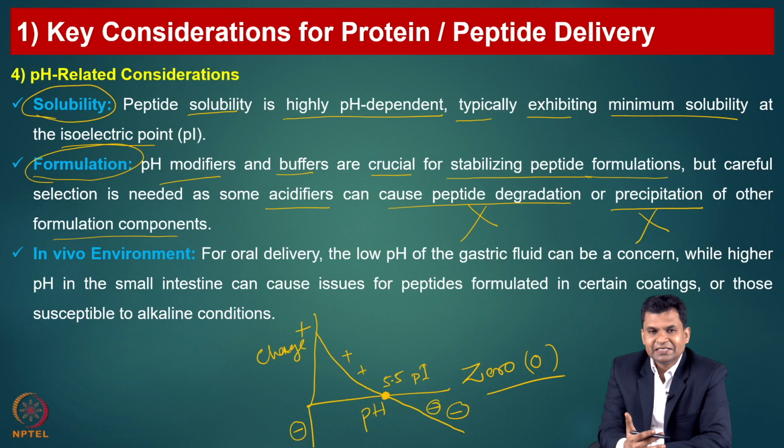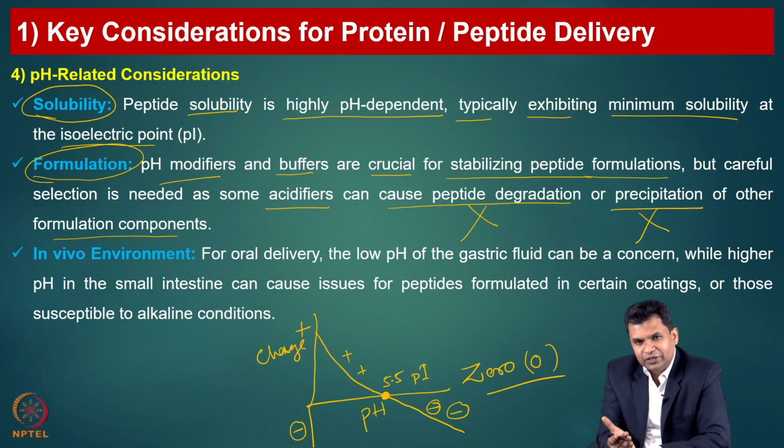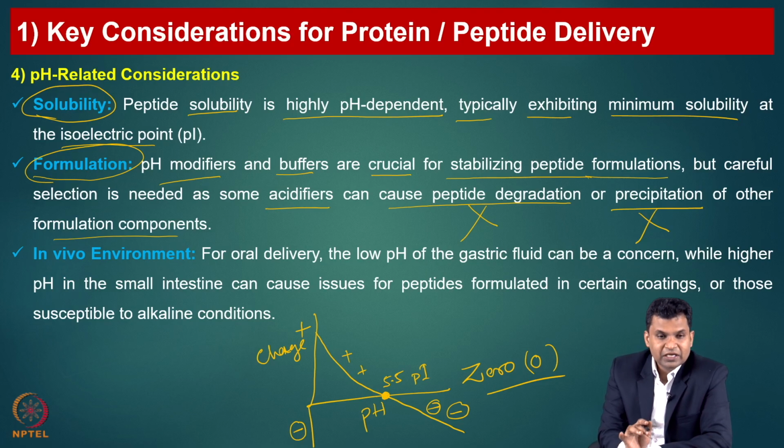And we have a variety of pHs: in the blood we have pH 7.4, for ocular we prefer 7.4, for oral we prefer 6.8, and for the skin we prefer 7.4, around 6.8 also. So, we have so much variation within the body, right. The in vivo environment, that is, the pH of the targeting site, is also very important for your molecule.